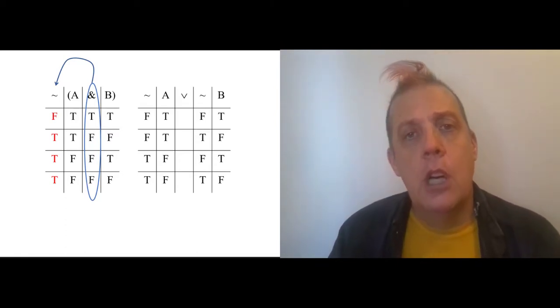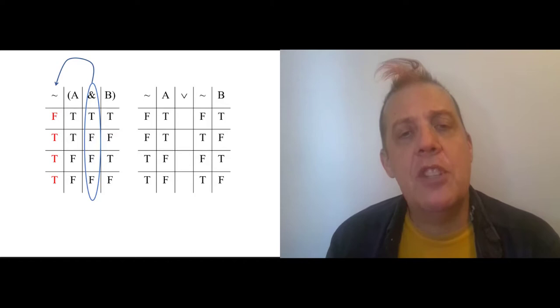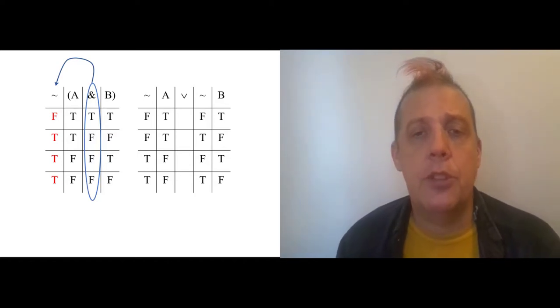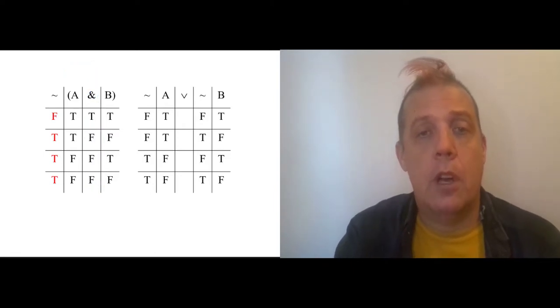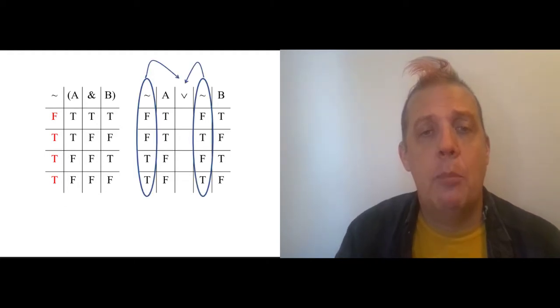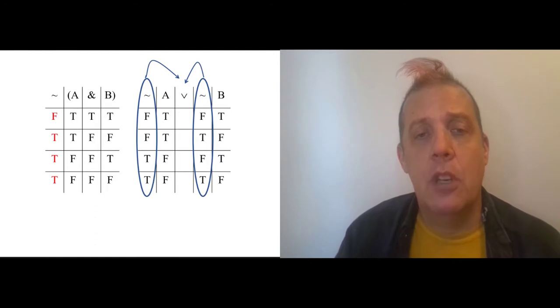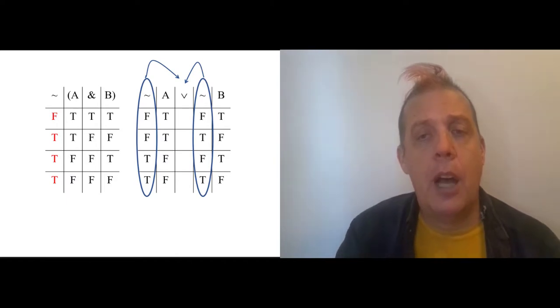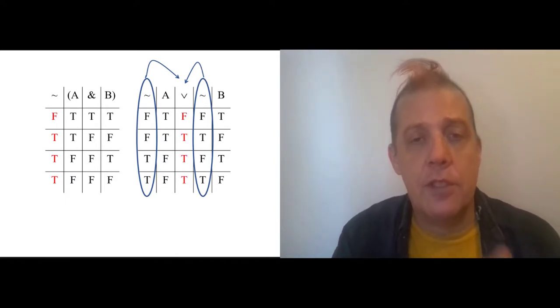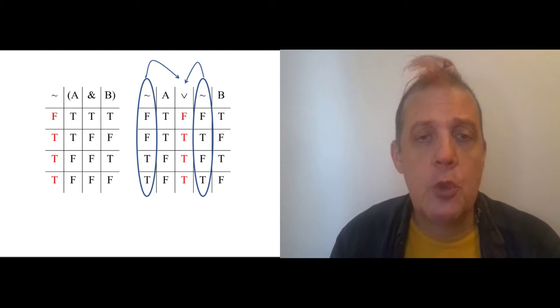Often, the most common mistake I see people making doing truth tables is doing the columns in the wrong order, right? When you go over here, the or is modifying what's on the two sides of it, but in that case, it's the columns under the negations because those are the last two we filled in, right? But it turns out that this gives us the same result. False, true, true, true.